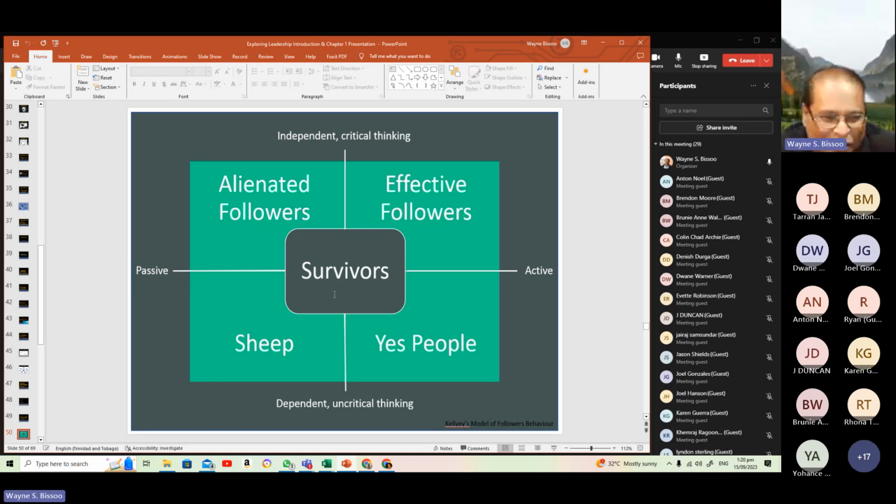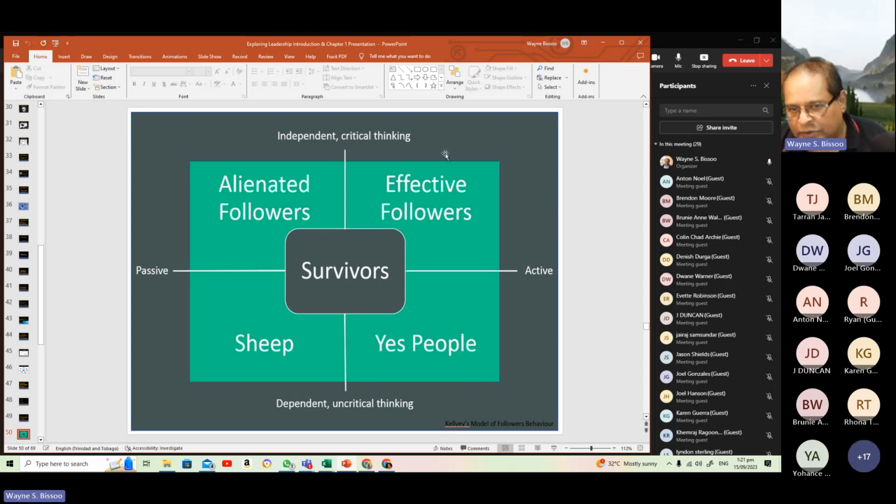All right. Okay, so this brings us to the last thing we were just looking at, which was critical independent thinking and the level of activity or action that they take part in. What you're trying to do is attract people who are independent and critical thinkers who remain active in the organization or active with you.